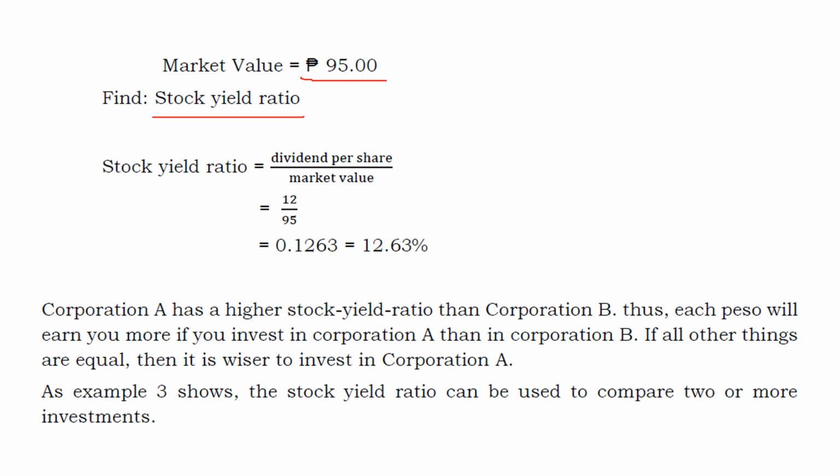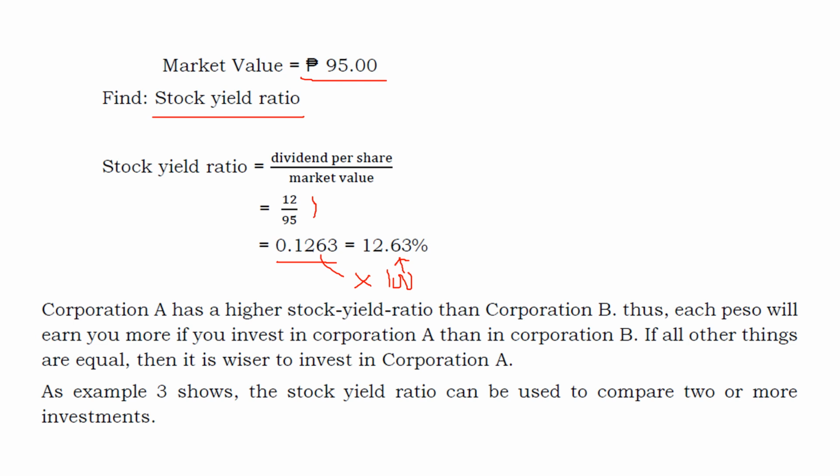It's the same formula: dividend per share over market value. We simply substitute 12 as the dividend per share and 95 as the market value. Upon simplifying, 12 over 95 is equal to 0.1263, and if we multiply this by 100, that will be equal to 12.63%.